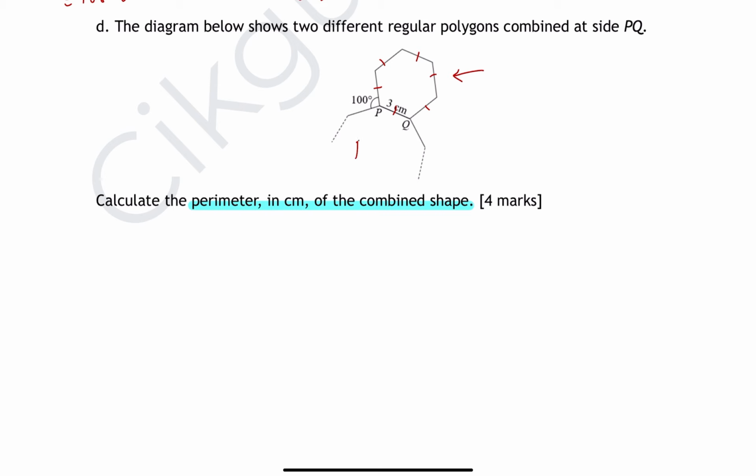To get this incomplete polygon, you will either need their interior angle or their exterior angle to calculate the number of sides. Okay, and because of this, we will need to check on the interior angle for your regular hexagon first, right? So interior angle for your hexagon, it would be (6 − 2) times 180 over 6.